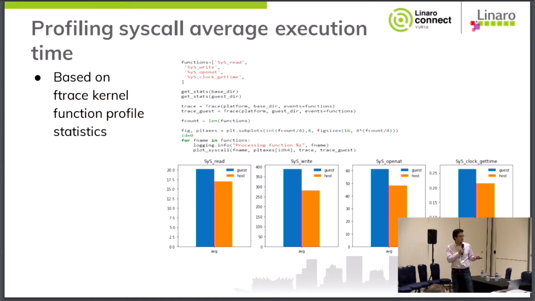You can find the average execution time of system calls, like sys read, write, open, and clock get time, is longer in the guest OS than in the host OS. It brings too much latency in the guest OS.